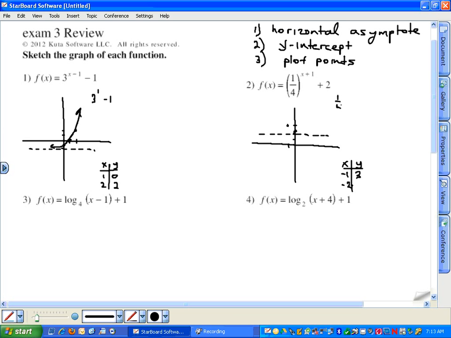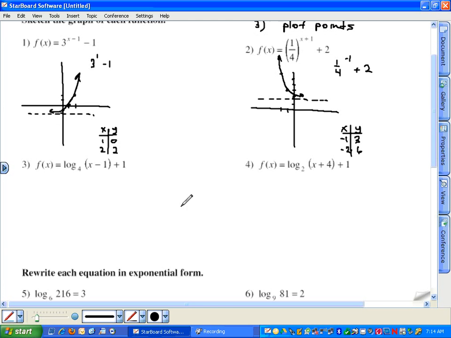So we have 1/4 to -1 plus 2, which is 6. So -2, 6. So the graph looks something like that.